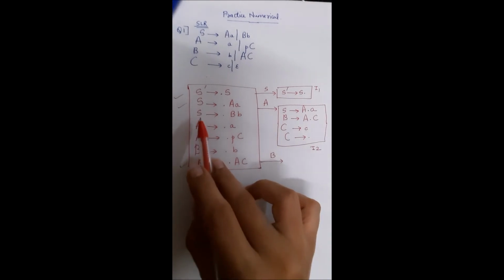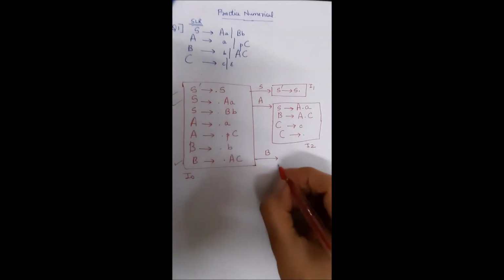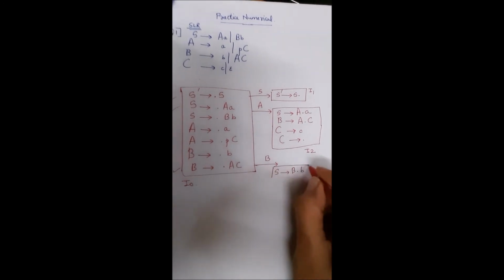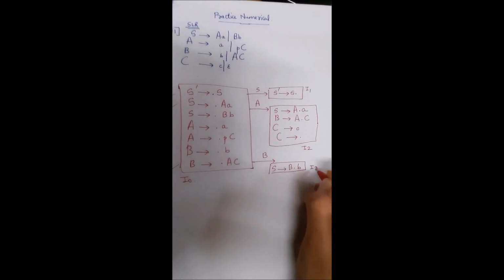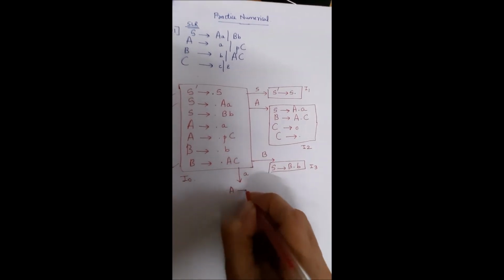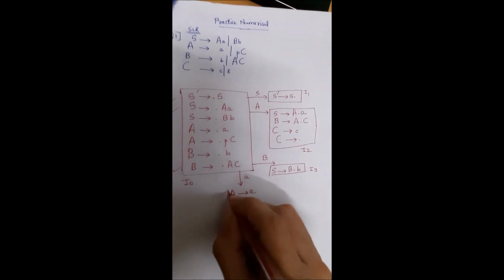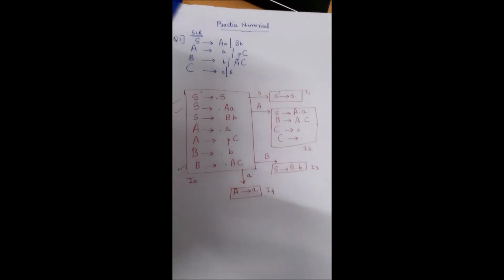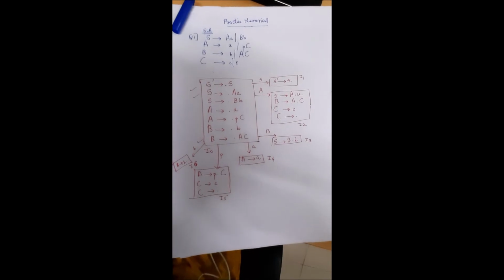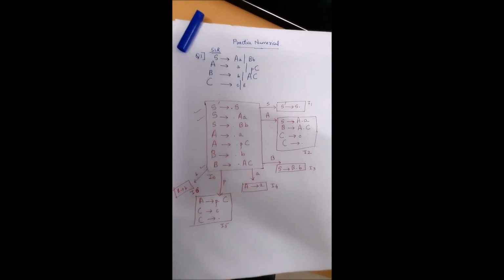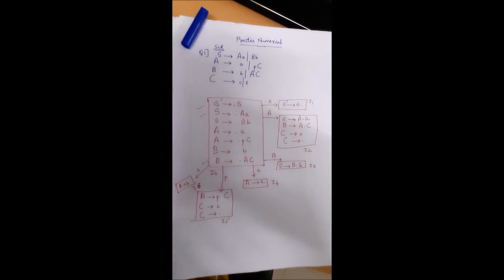Okay, now S tends to B dot B, and no rules to be added. This will be I3. Now process small a. And similarly, I'll process the other states and write the answer. So these will be the states after processing I0 completely.